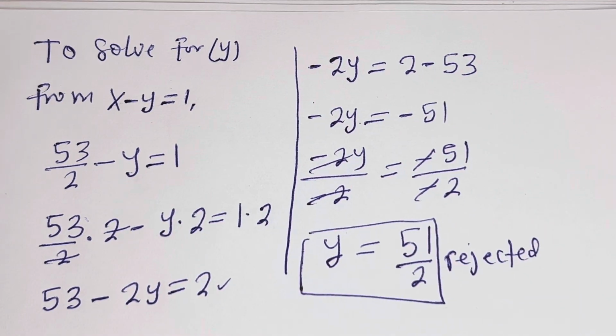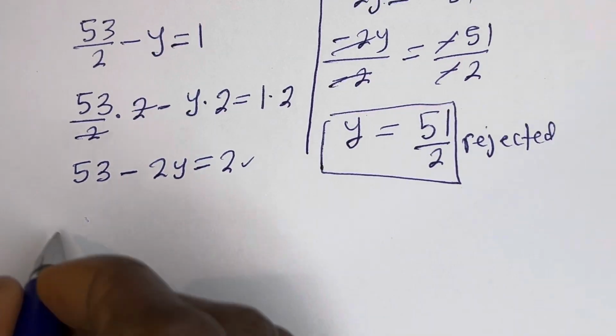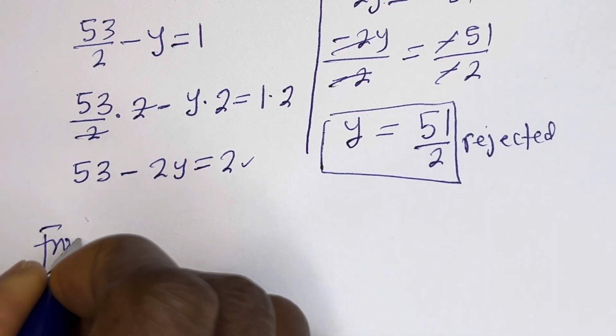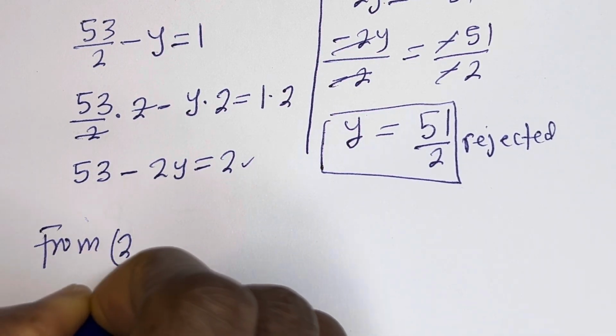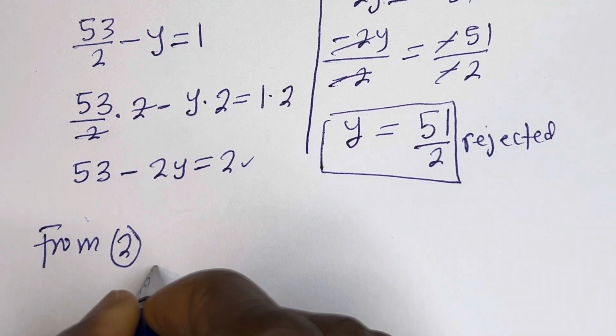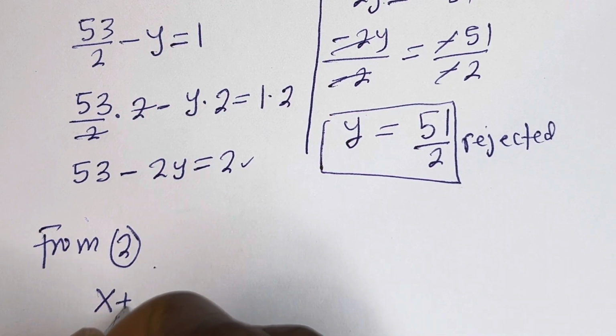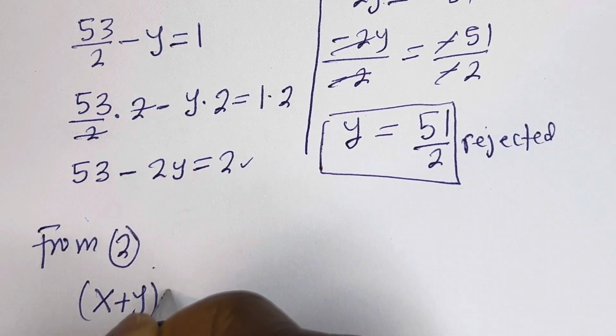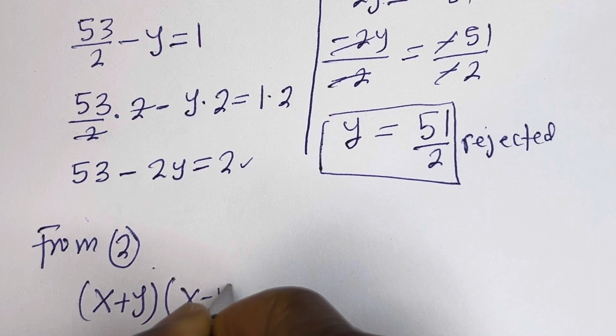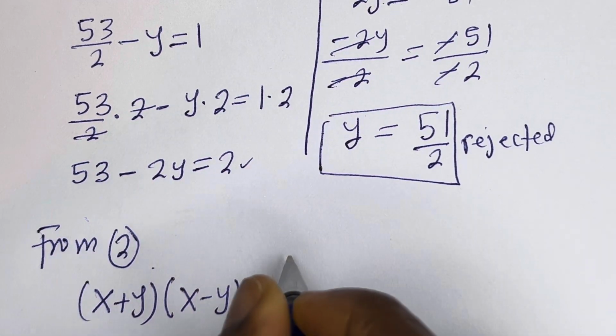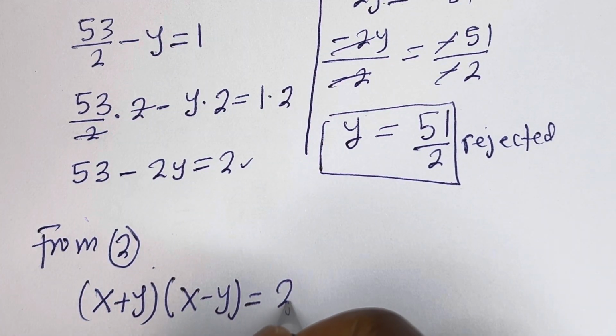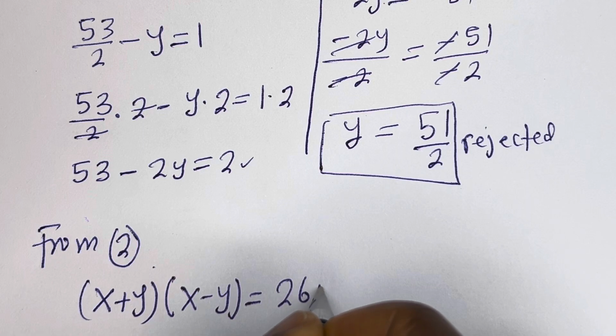Now let's consider the second case. From the second case, you have (x plus y)(x minus y) is equal to 26 multiplied by 2.